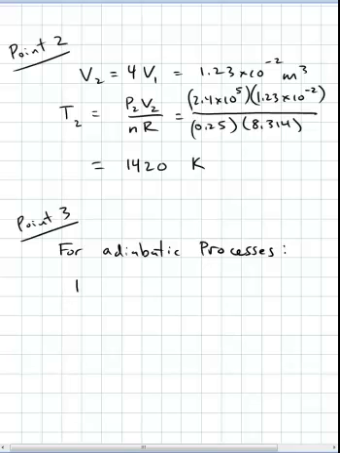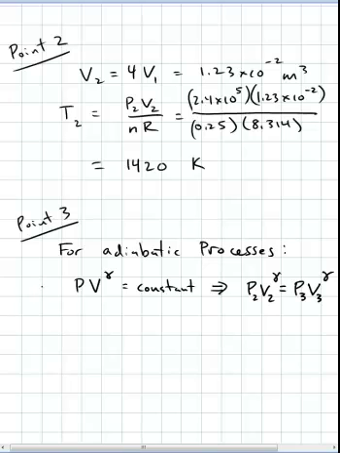We know that PV to the gamma is a constant. And what does that tell us? That tells us that P2 V2 to the gamma has to equal P3 V3 to the gamma.